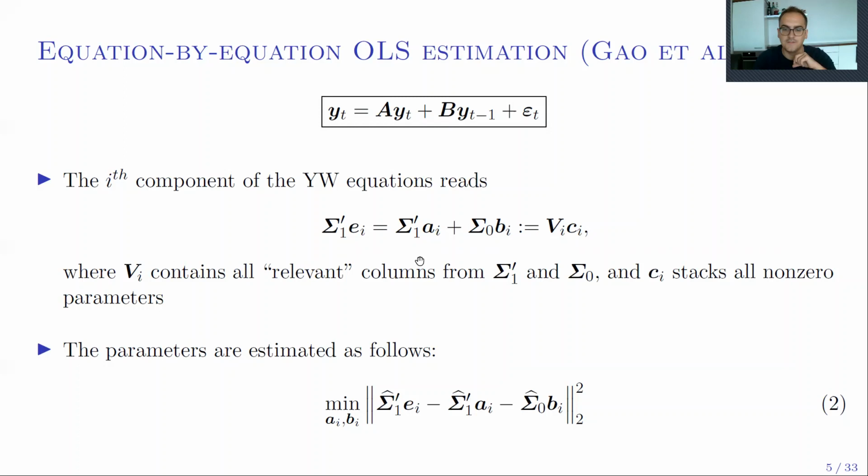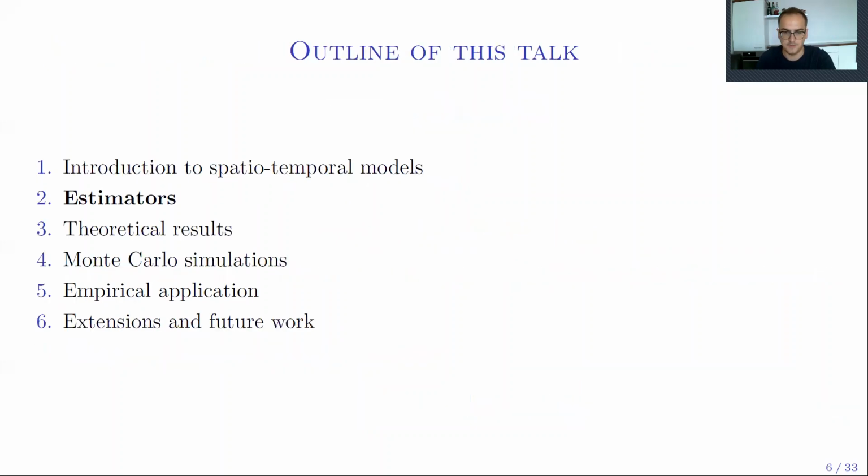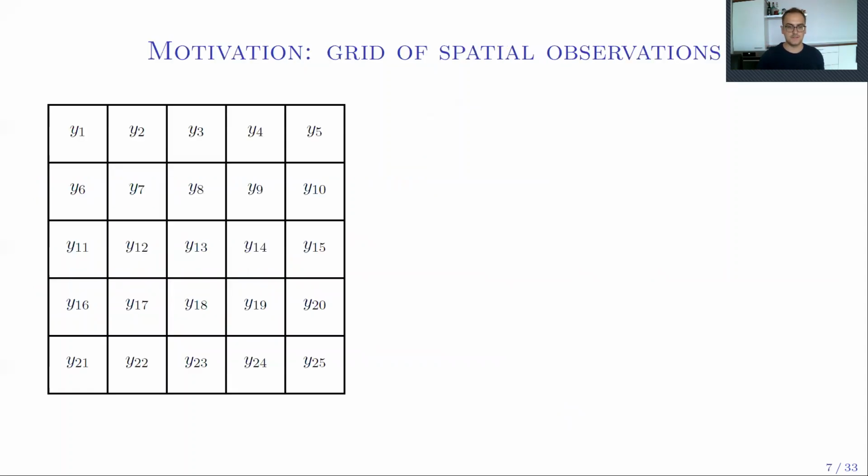So then we end up with a much smaller system to estimate. And we could, for example, try to minimize the sum of squared residuals here, which is exactly what Gao et al. proposed. So you kind of do an equation by equation estimation with regular OLS after you have obtained the Yule-Walker equations. So this is nice, this works, but there is a major disadvantage.